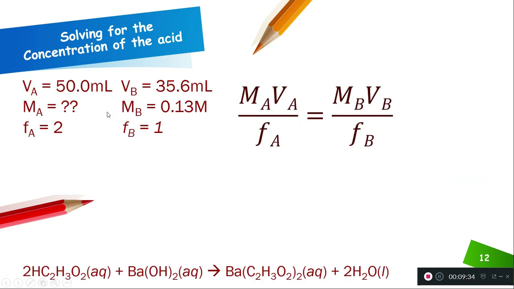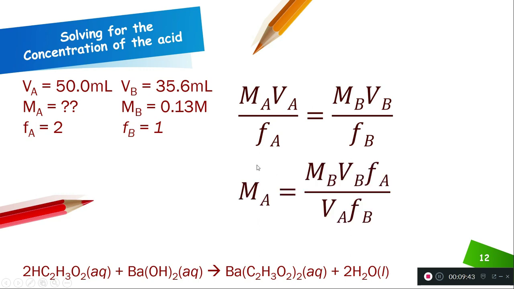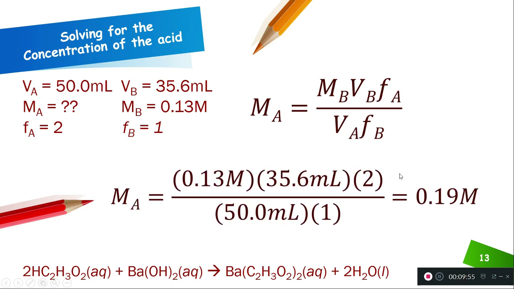Again, what I'm trying to solve for here is the molarity of my acid. The question asks for the concentration of the acetic acid. I'm going to divide both sides by VA and multiply both sides by FA. Ultimately, I get this whole mess, 5 variables in an equation. But I plug all my numbers in. 0.13 molar is the concentration of my base.